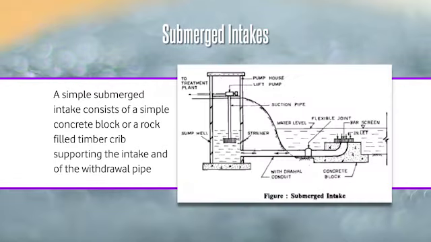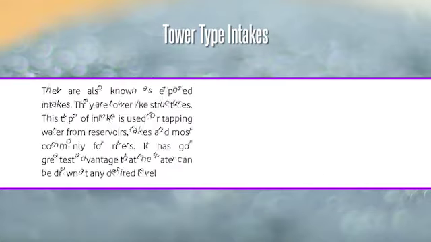In this picture we are seeing the intake. This is submerged in the water, and some well is available to collect the water from this submerged intake, and this submerged intake has a bar screen to reduce the possibility of pollutant materials entering. And this is the tower type intake.